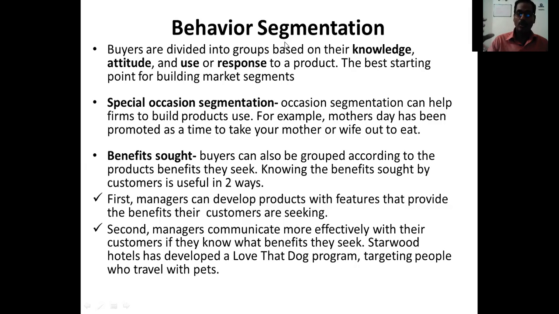And they can communicate to the target market, showing in their advertisements and promotion friends or family members drinking coffee, having a chit chat and socializing. So understanding the benefits customers expect helps managers in two ways: adding a feature to the product, and the way they communicate it to the target customer.